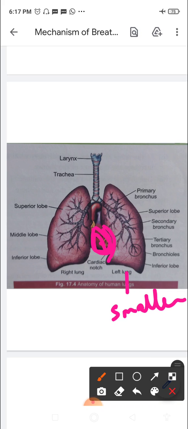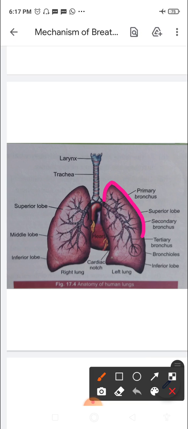The left lung is subdivided. You can see the left lung is internally divided into a superior lobe, this part here, and an inferior lobe, this lower part.